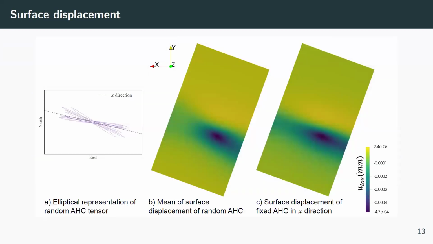But here, I'm going to show you the mean surface displacement of random AHC, in comparison with the surface displacement with fixed AHC in the X direction. Here you can see we have an effect of the random AHC tensors.